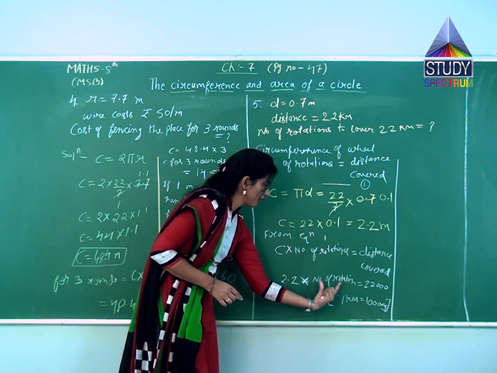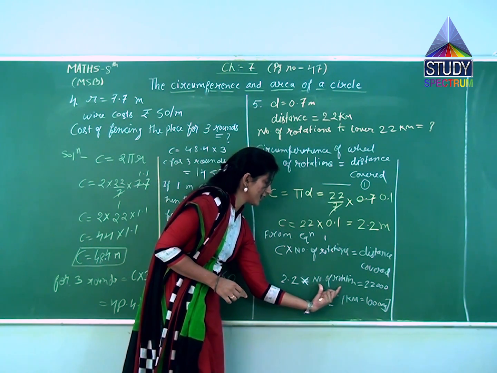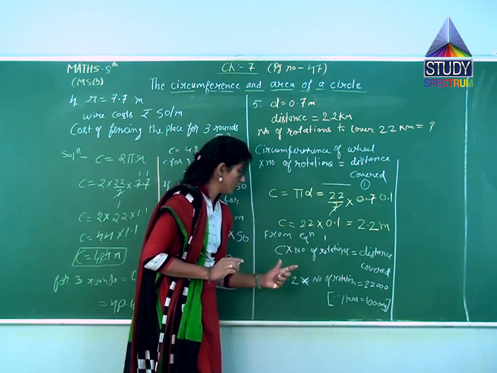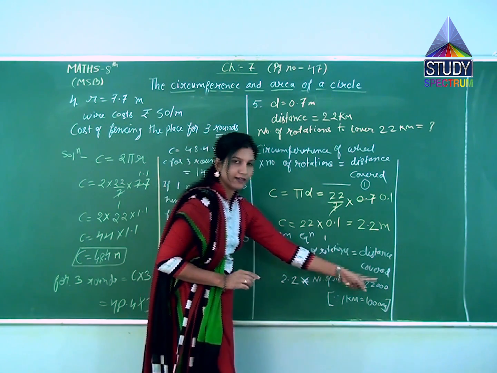Now in the next step we have to find the value of the number of rotations. So we will keep the number of rotations on the left hand side of the equal sign, and take this 2.2 to the right hand side.